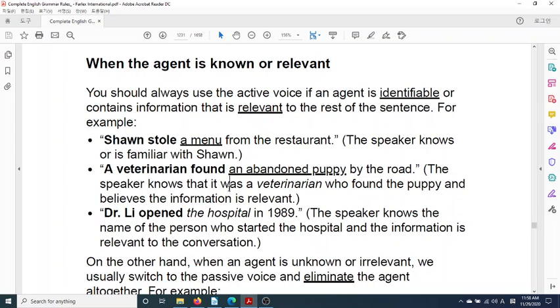There, the agent would be much more important, and you really would want to say it, to emphasize it there. Dr. Lee opened the hospital in 1989, right? So here, since it's a person who seems to be well known by the speaker or by the listener, it makes sense that they're included.